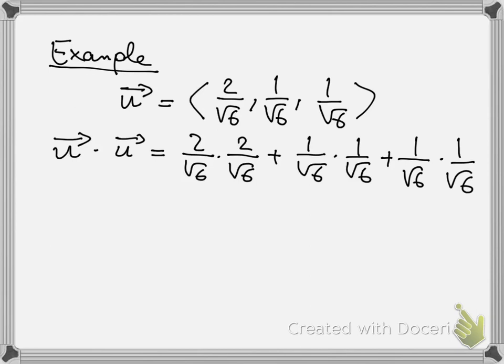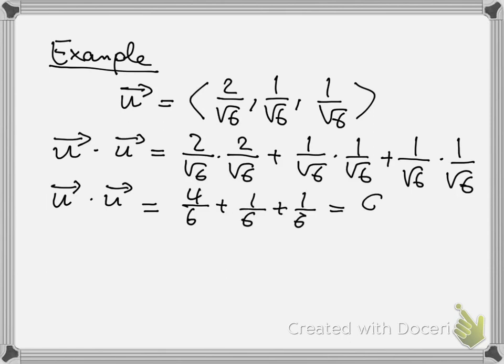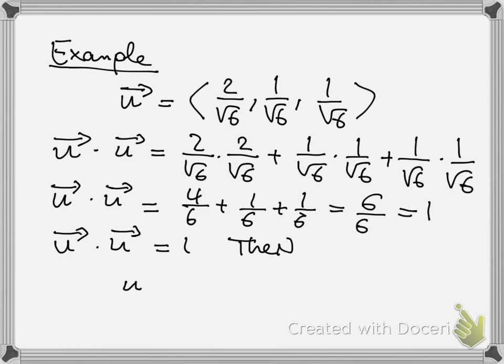So that's u1 times u1 plus u2 times u2 plus u3 times u3. It's the same vector. So U dot U is equal to 4 over 6 plus 1 over 6 plus 1 over 6. So actually that's 6 over 6, which is equal to 1. Okay, so U dot U is equal to 1. So that means that U is of unit length. So the length of U is equal to 1. Okay, so U is a unit vector.